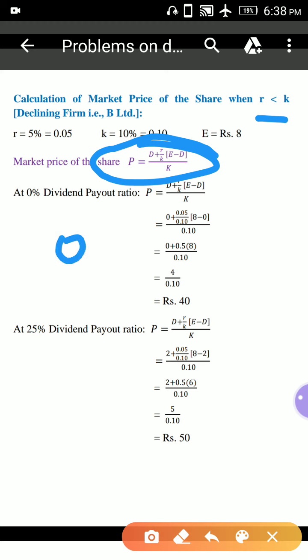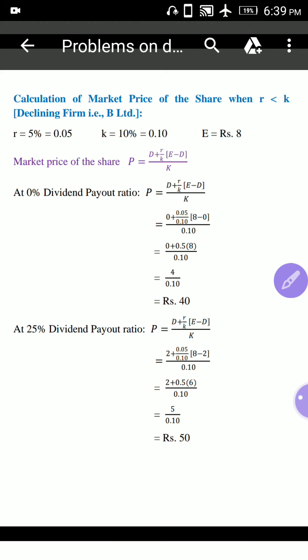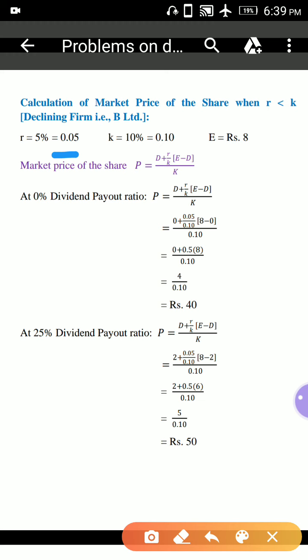So 0 plus R divided by K, where the R value has changed to 0.05, so 0.05 divided by 0.10 is 0.5, into 8 minus 0, which is 8.